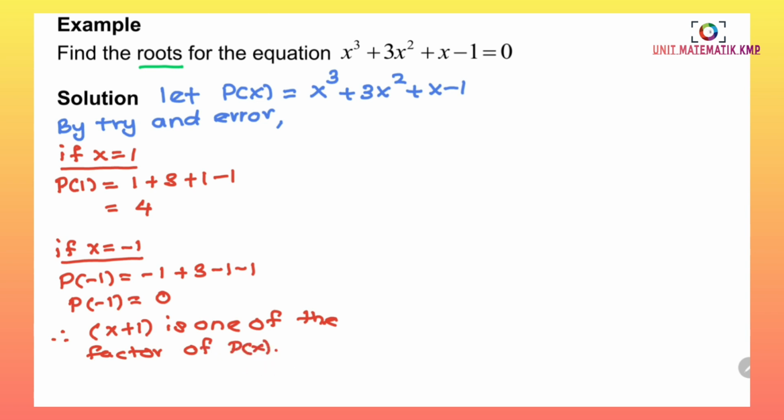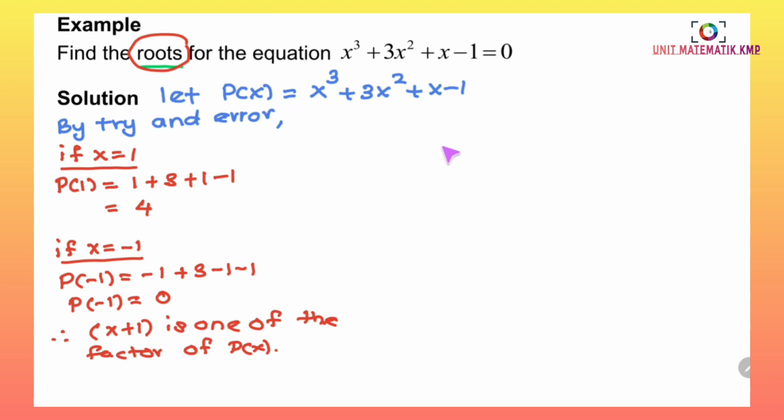Next, all we need to do is proceed with long division, or actually we can also use the comparing method, but in this case I will show you using long division. Before we can find the roots, we need to factorize the given polynomial completely. Let's proceed: divide p(x) by x plus 1.